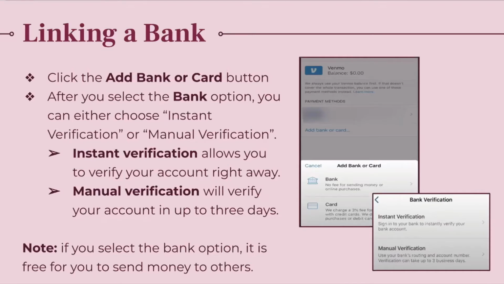Instant verification allows you to verify your bank account right away, whereas manual verification will verify your account in up to 3 days using your bank's routing and account number. Something to note here is if you select the bank option, it is free for you to send money to others. Whereas if you're linking your card, it will charge you a small fee every time you send money.